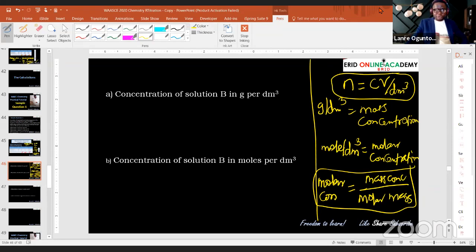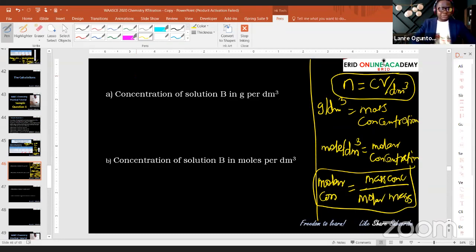So let us proceed. We are running against time, but let's move on gradually. Now, concentration of solution B in grams per dm cube.